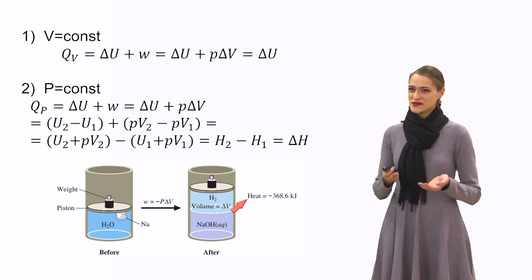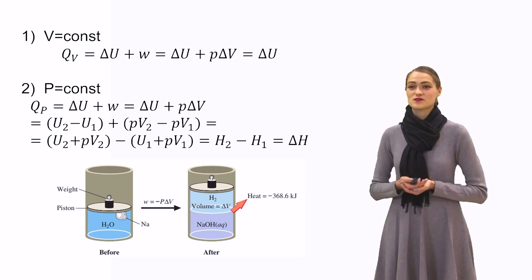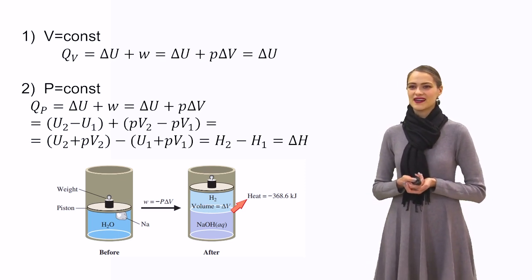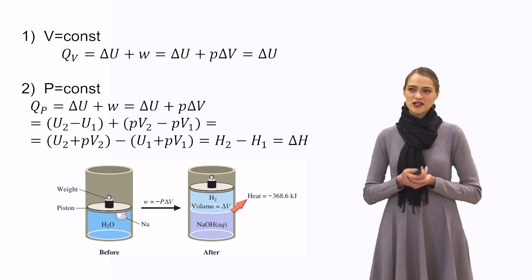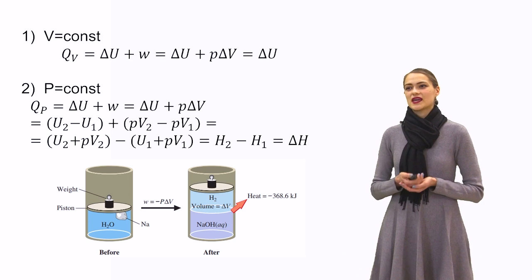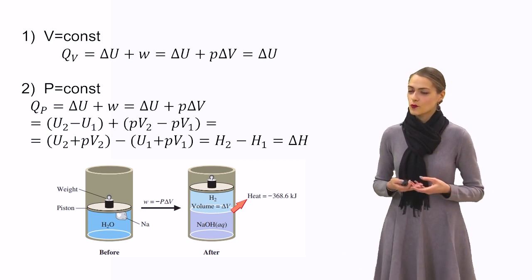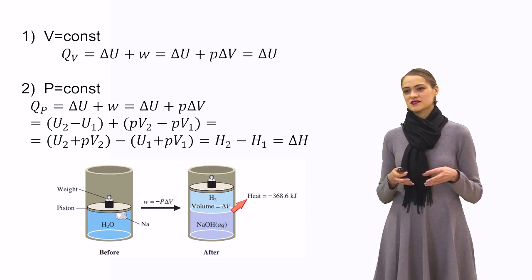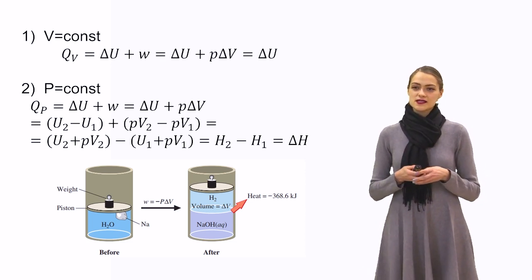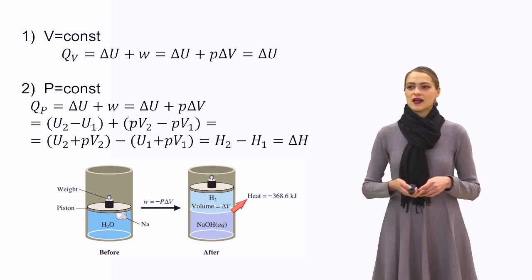But now we have constant pressure, so work has a special amount. And this last term in this equation, P delta V, is the energy required by the system to change volume against the constant pressure of the atmosphere. And this energy we call pressure-volume work.